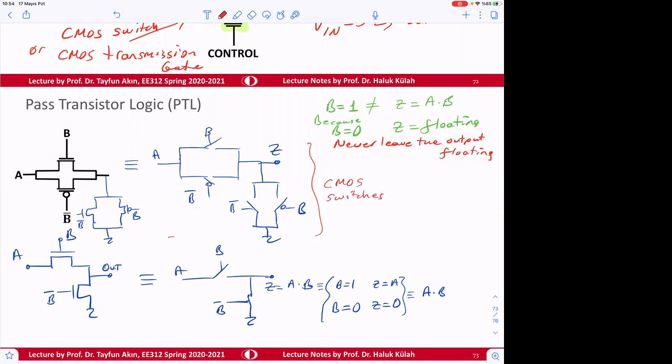Whereas here we obtain the same thing with only simple NMOS switches, or NMOS transistors as switch. The voltage drop, if it is not that critical, we can also use this version. I mean, in this version, voltage drops will occur.